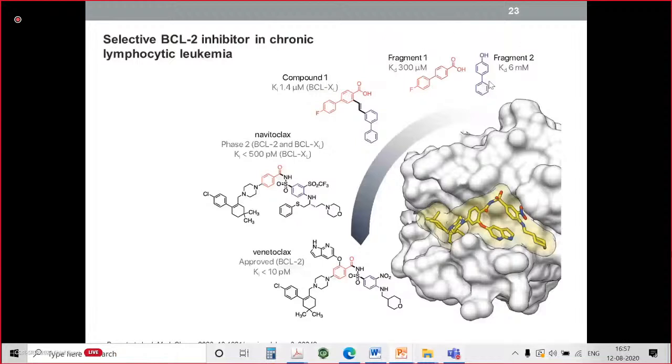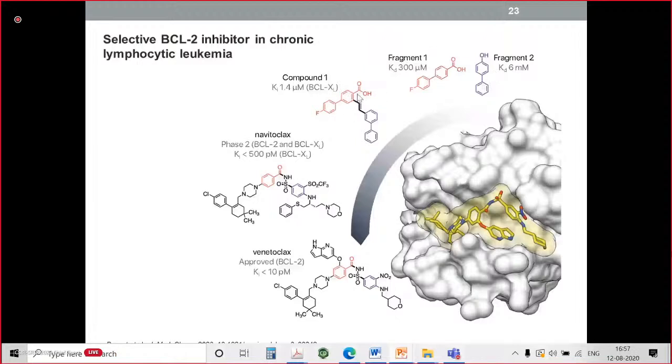They have activity in the micromolar to millimolar range, and later on were linked via a linker, that is the double bond between one biphenyl and another biphenyl.